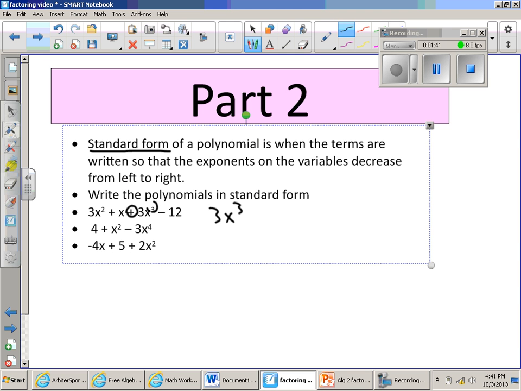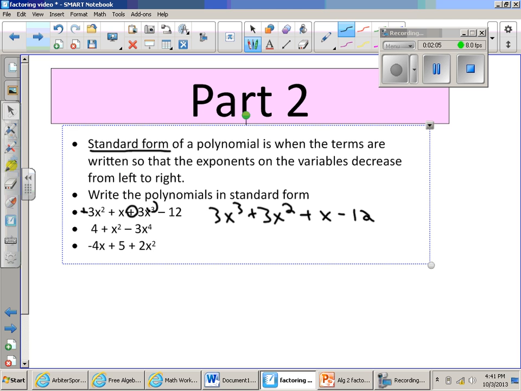Keep the sign in front of the term with the actual term. Next, we got 3x squared. Sign in front of the 3x squared is positive, so we're going to put plus. Then we got plus x. Subtract 12.